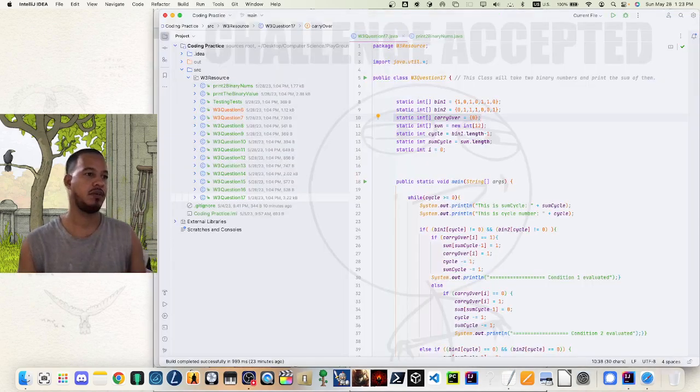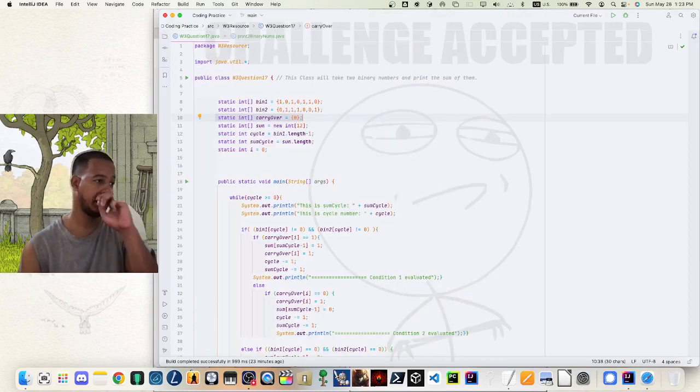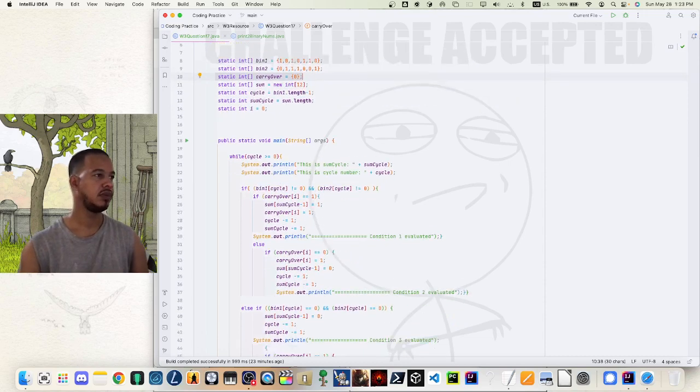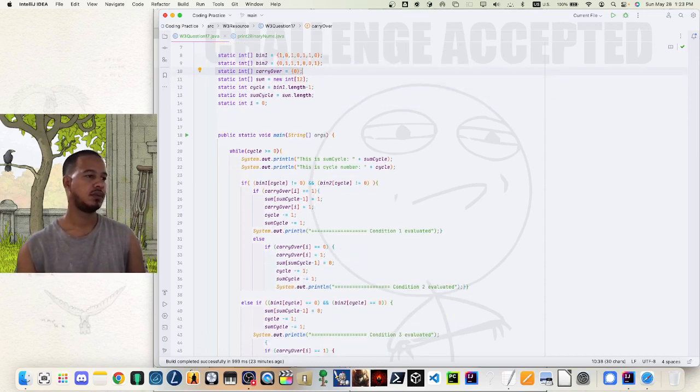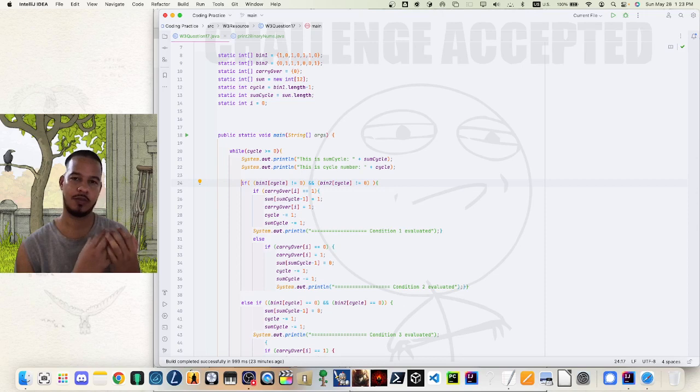Okay, so on this code, this is mimicking a sum, right? There's actually no progression of sum or addition going on in this code, but this code mimics the addition of binary numbers.